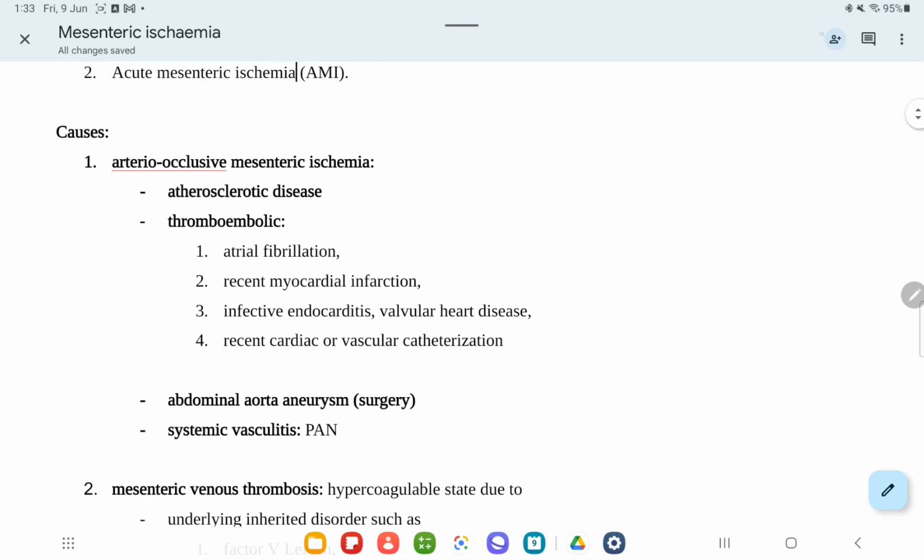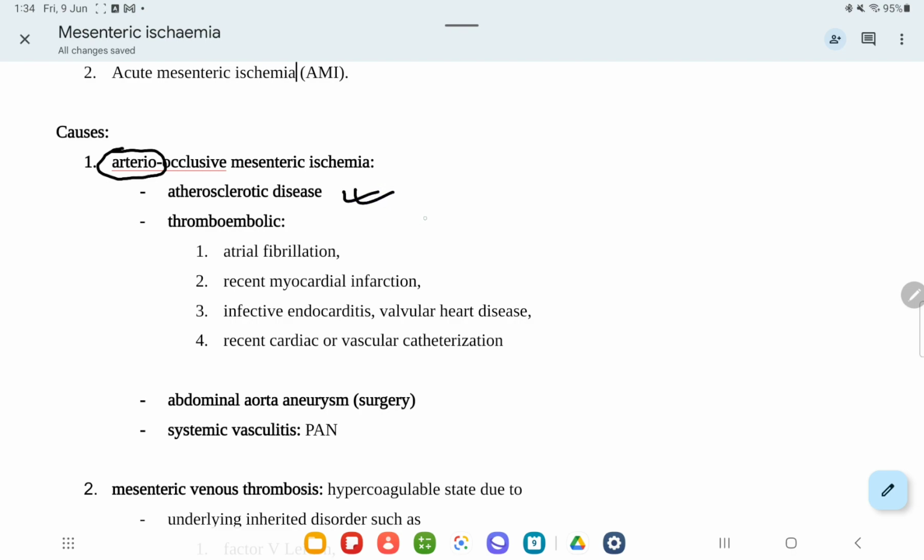At first, arterial occlusion, that is mesenteric ischemia due to occlusion of the arterial system. The most important cause of arterial occlusion is atherosclerotic disease.